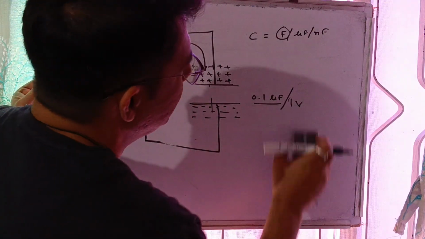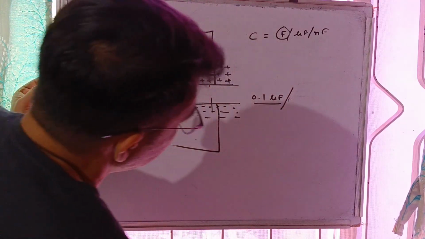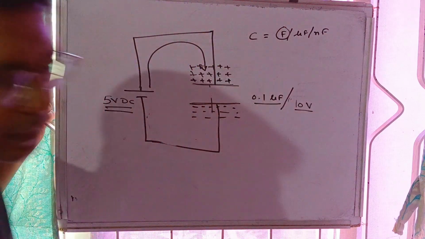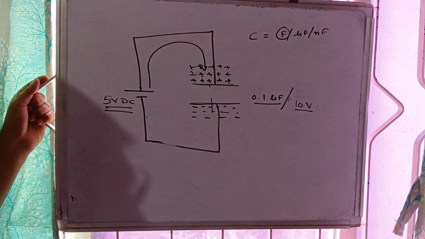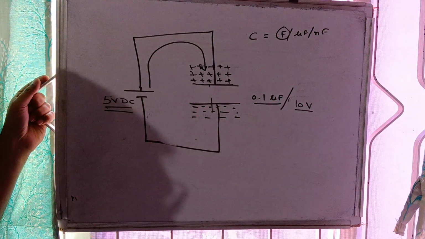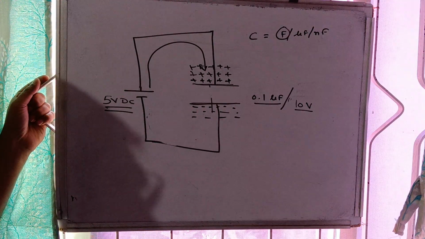As of now, let's say the capacitor which we have connected has the capacity of 10 volt. For theoretical purposes, we are assuming that this capacitor we have connected in this circuit can withstand charge up to 10 volt.